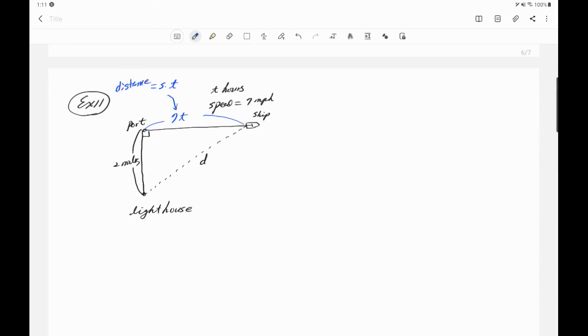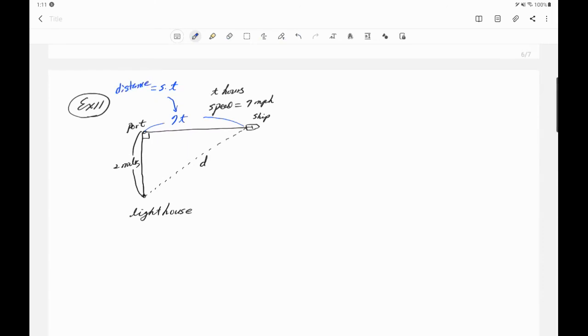Okay, here's the lighthouse. We want to find the distance from the lighthouse to the ship after the ship traveled t hours. In that case, we need to use the Pythagorean theorem. Do you remember the Pythagorean theorem?